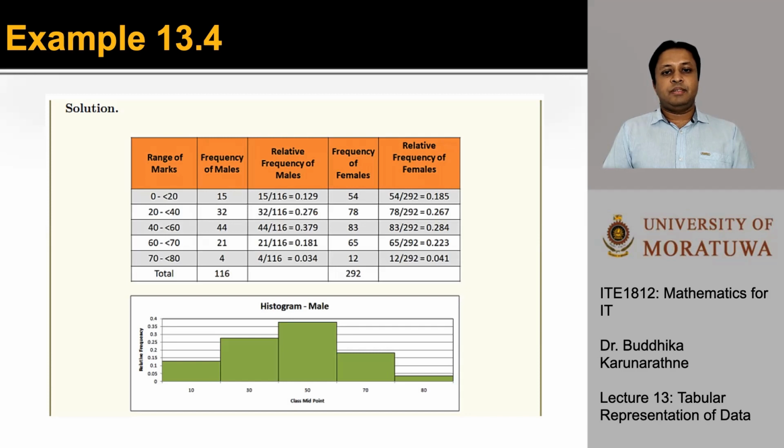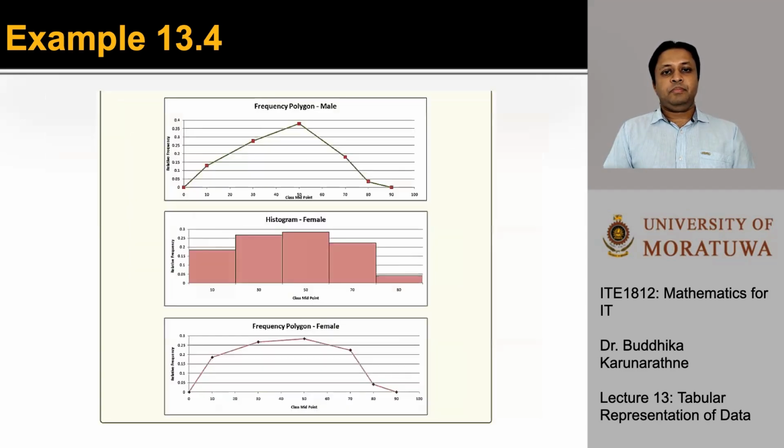So the first graph you see at the bottom of this slide is the relative frequency histogram for male participants. Then you can also draw the frequency polygon using the relative frequency values you calculated.